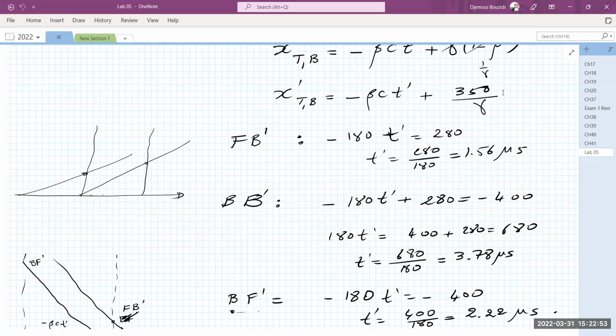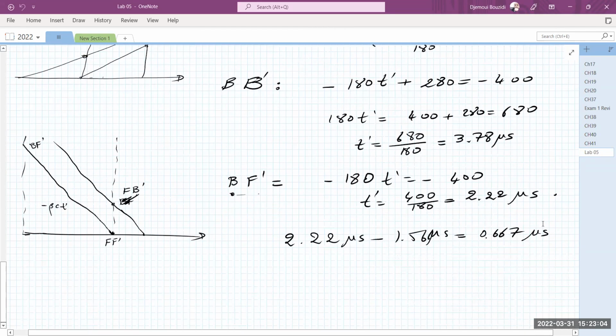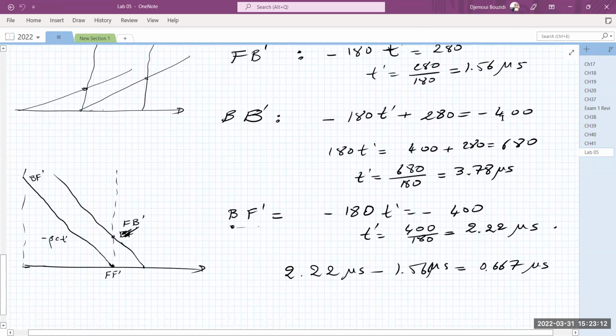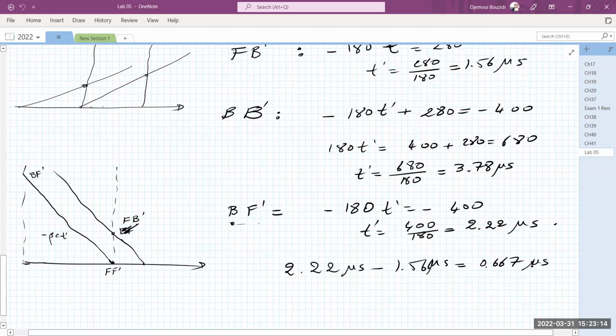A moment later, the back of the ship will also pass through. Okay, so in this case, that means that for this whole amount, which is this difference between 2.2 microseconds and 1.56 microseconds, for this whole time, the ship was actually inside that station.